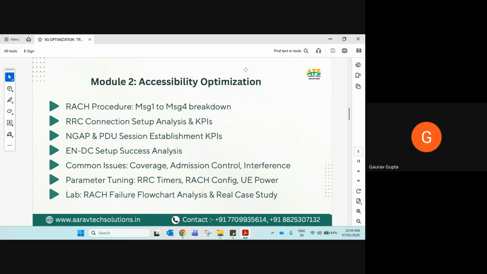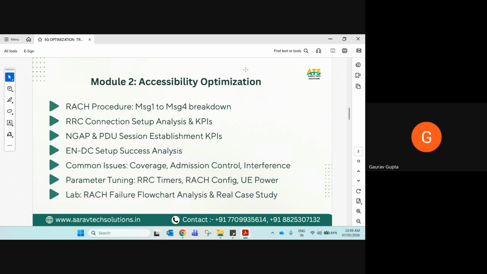Consider your house: the gateway is the main door. Unless you open the main door, a guest will not be able to enter your house. Likewise, in the network, the first gateway of the user is the accessibility KPI.